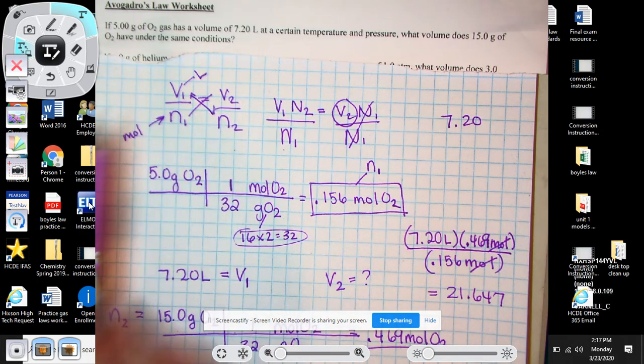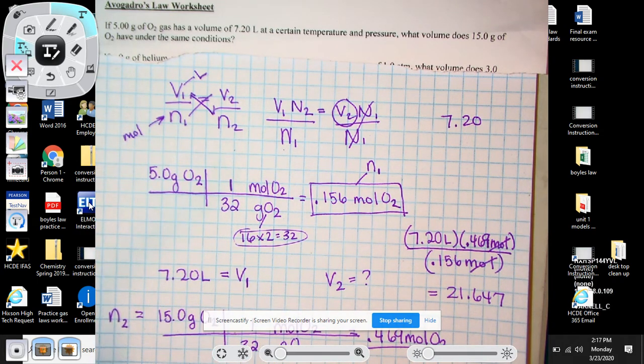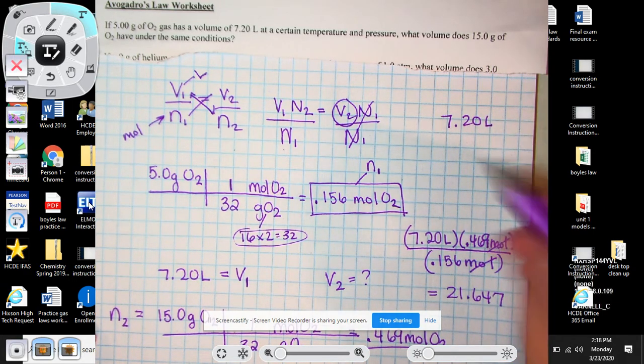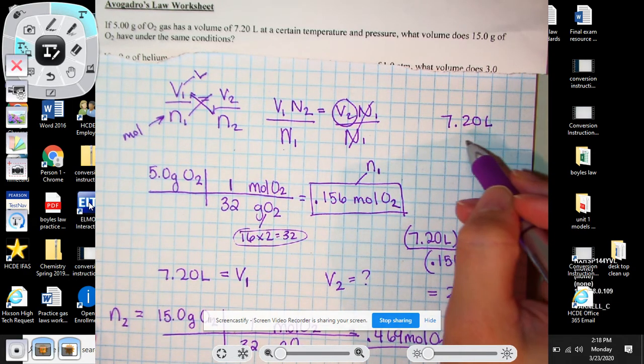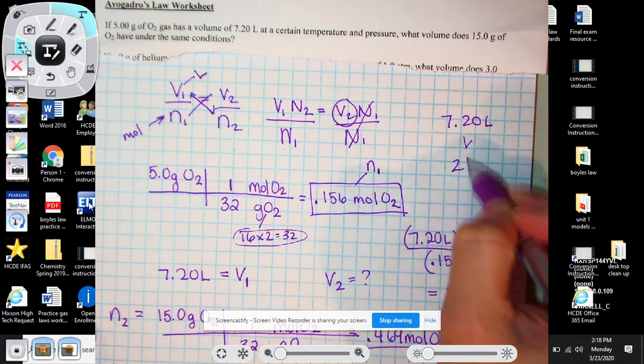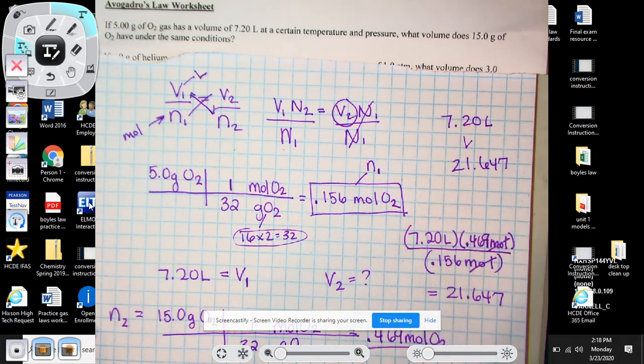My grams went up. So if my grams go up, we said that this was a directly proportional relationship. So if my grams went up, I would expect my volume to also go up. And 7.20 was the original volume, going to 21.647. So my volume did in fact go up.